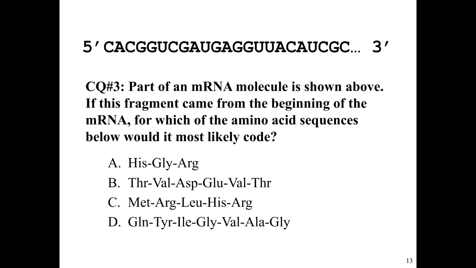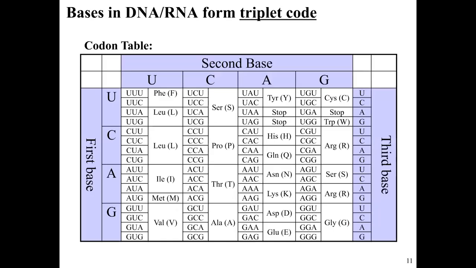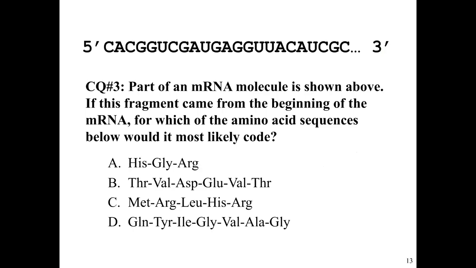Part of an mRNA molecule is shown above. If this fragment came from the beginning of the mRNA, for which of the amino acid sequences below would it most likely code? So now we can go back and look at one of our pages here and be able to see our letters.